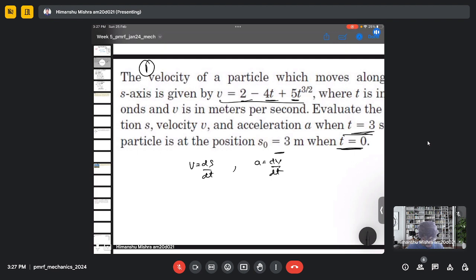So to find the position here, you need to integrate this quantity, and to find the acceleration, you need to take the derivative of the velocity here, and then put the required value of time to calculate the specific position and acceleration at that time.